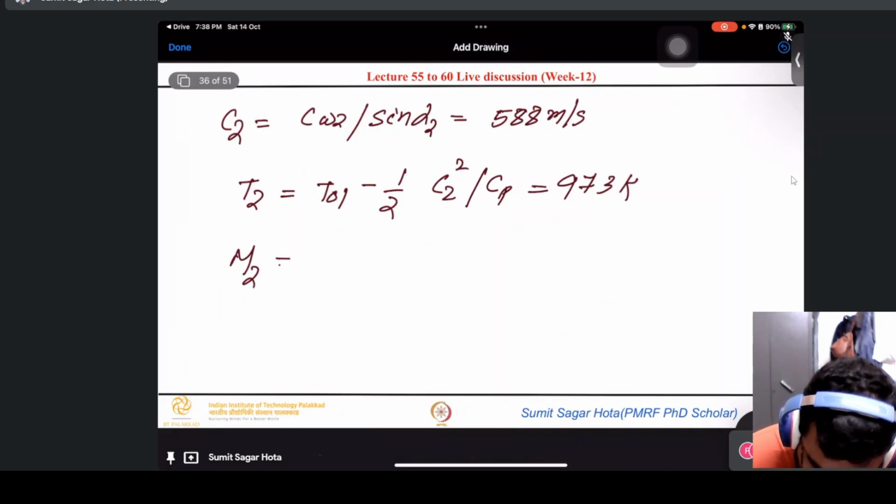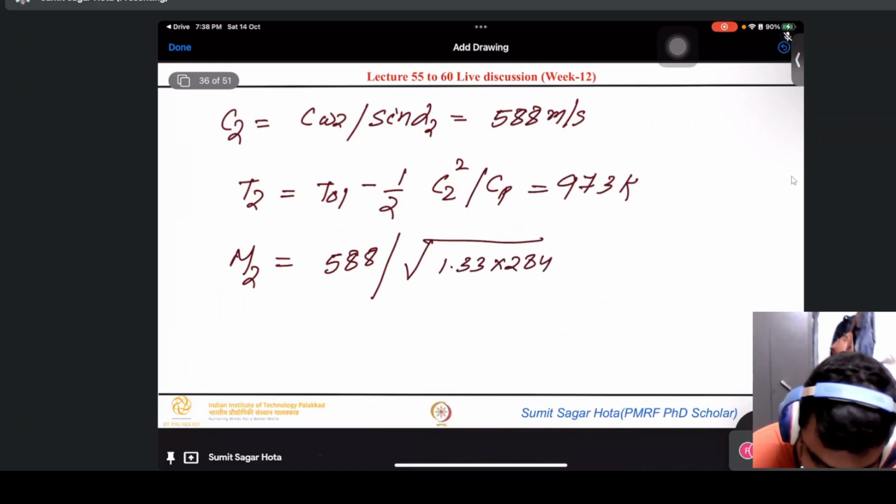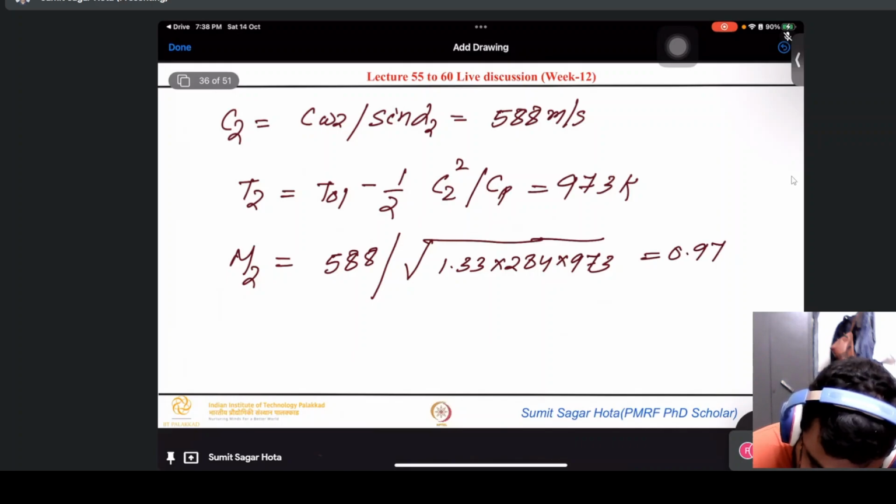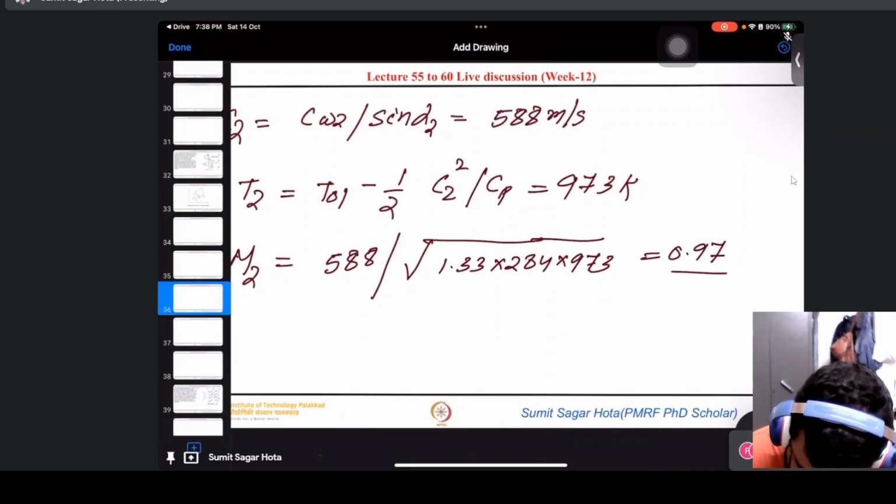Then substitute in M2 and get M2 as 588 divided by square root of 1.33 into 284 into 973, equal to 0.97. Now you get your Mach number.